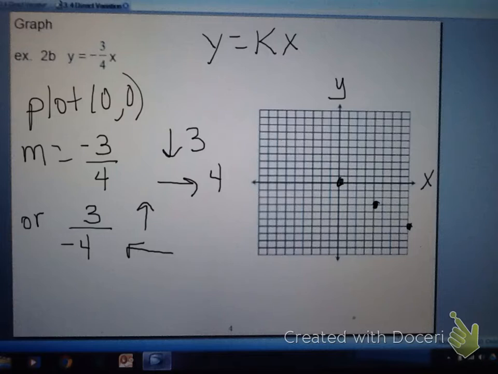So let's go back to the origin and go up 3 and backwards 4. Do it again. If you're given a grid, a 10 by 10, put as many points that fit on that graph. The more points you fit, the more accurate a line you're going to have.